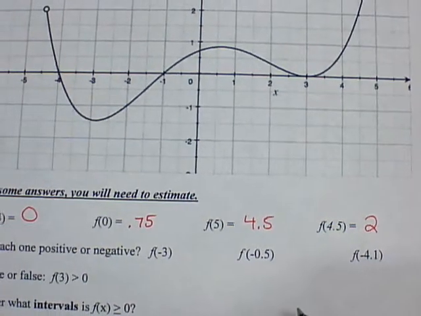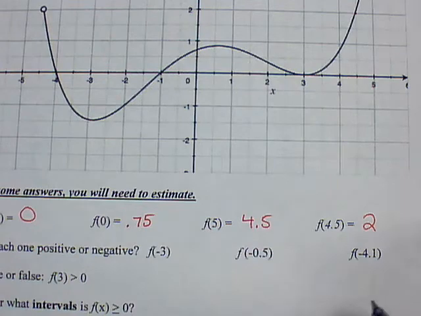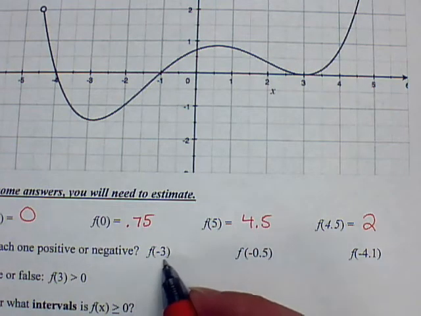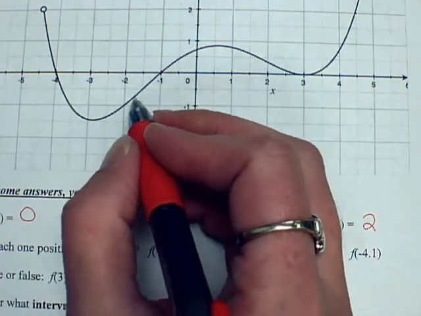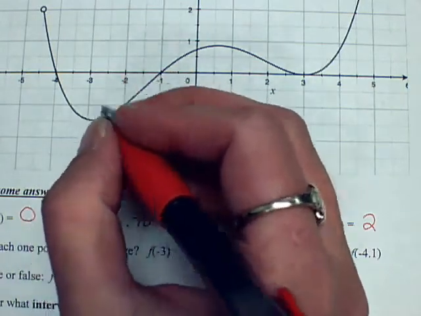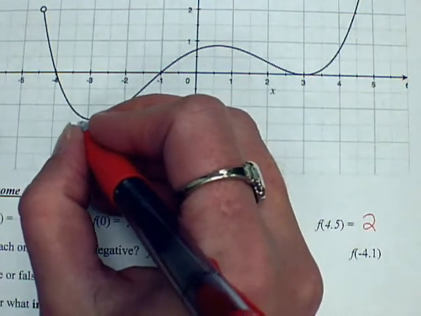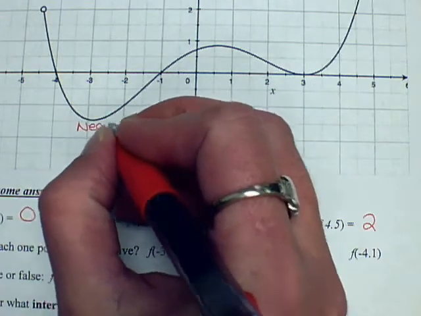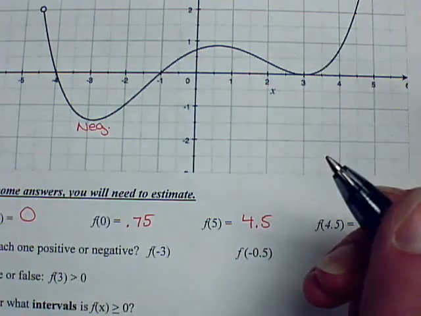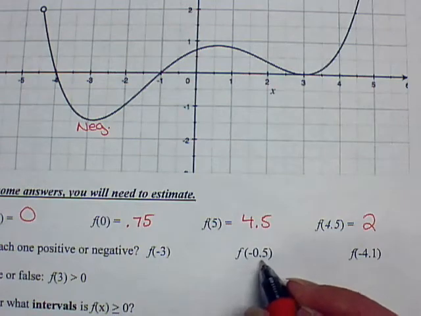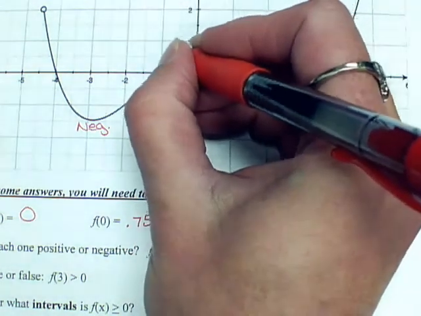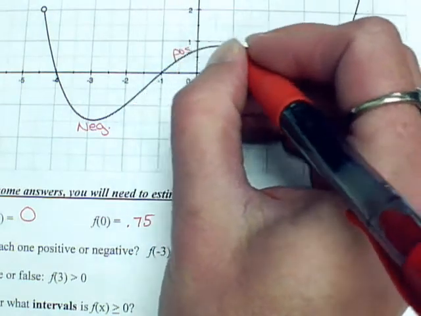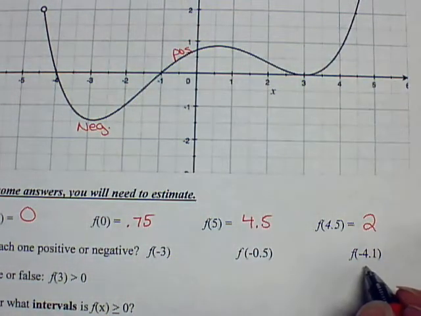All right. Now we're going to look at where the graph is positive and where the graph is negative. So f of negative 3. When x is negative 3, this section of the graph, what are the y values there? They're all negative, aren't they? F of negative 0.5. Oh, right here, the graph is positive. The y values over here are positive.